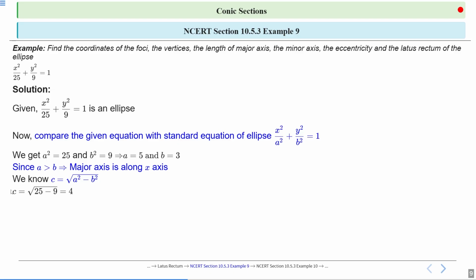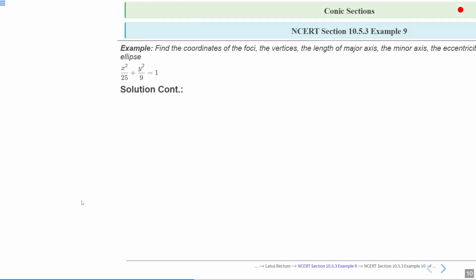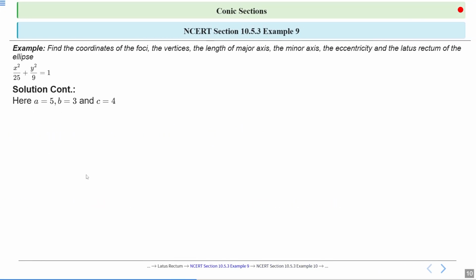So the value of c is 4. So we get here a is 5, b is 3, and c is 4.